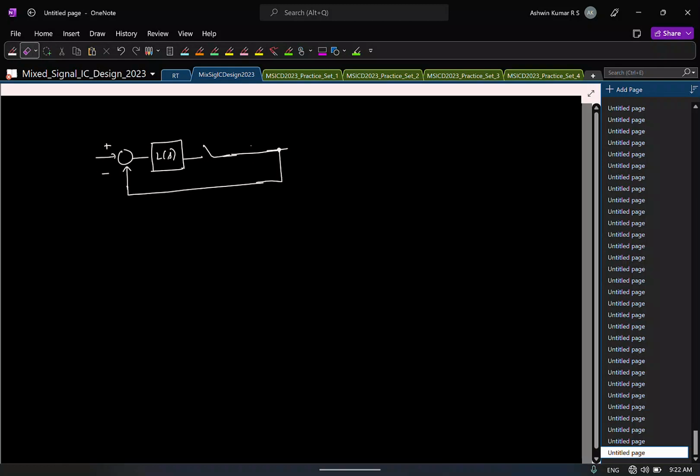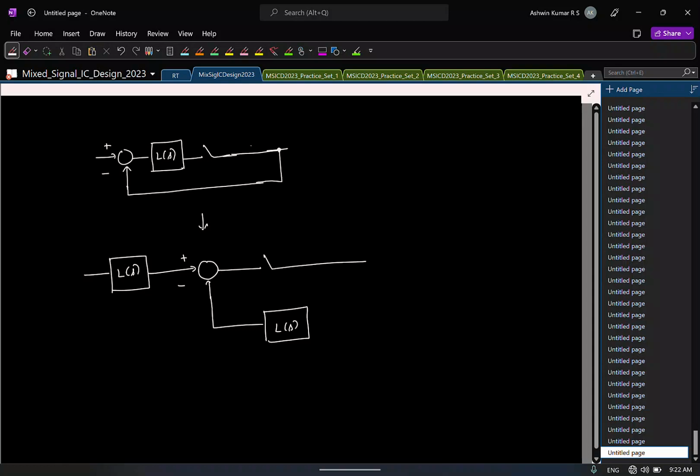So what I will do is this. First, I will push this L of S outside this summing block, right? So basically this reduces to this. I will push the L of S outside here like this. And then I will only have the sampler like this. Fine.